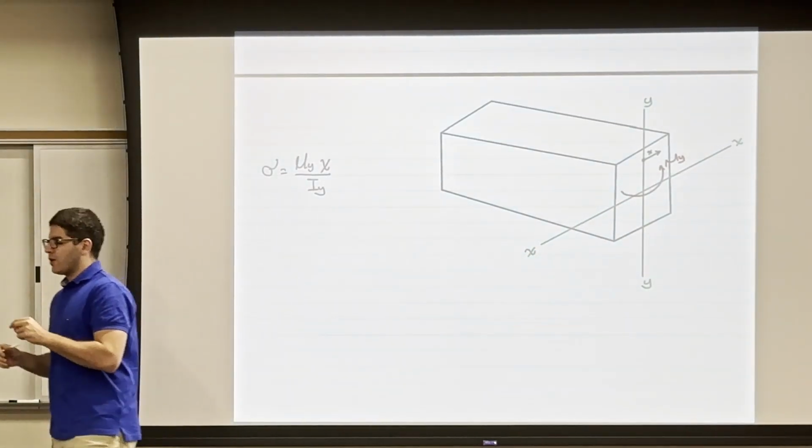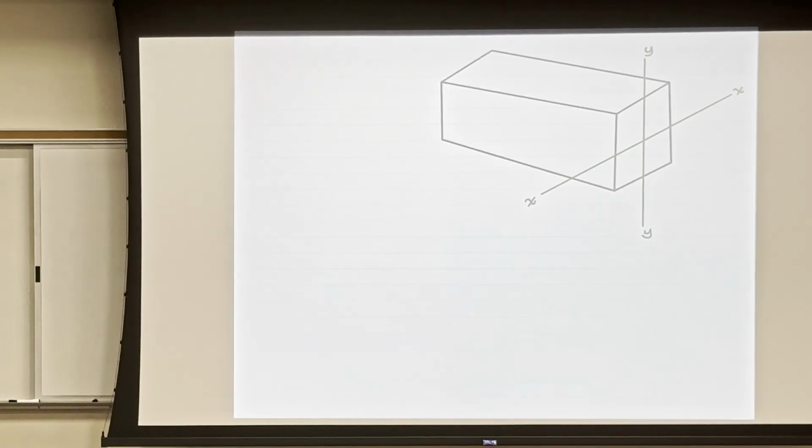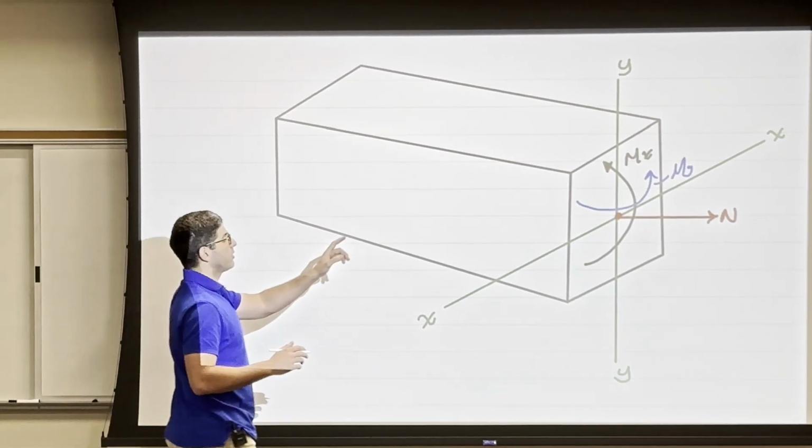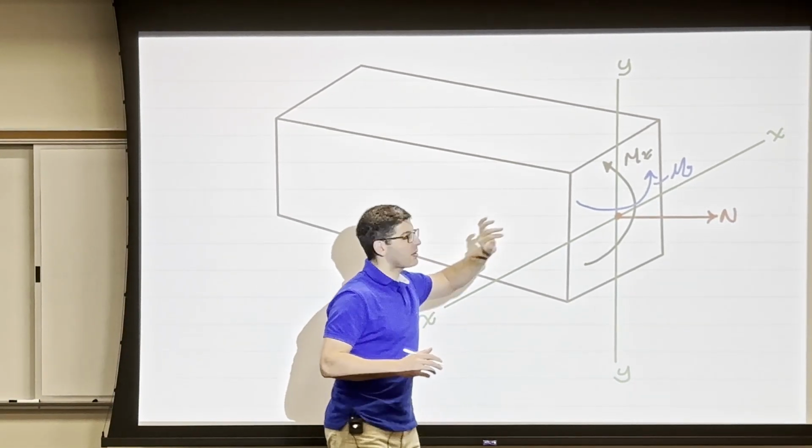So now what if I gave you a cross-section with an internal axial force N, and an internal bending moment mx, which is moment about x, and then my, moment around y. So you have three forces here: normal, bending moment about x, bending moment about y.